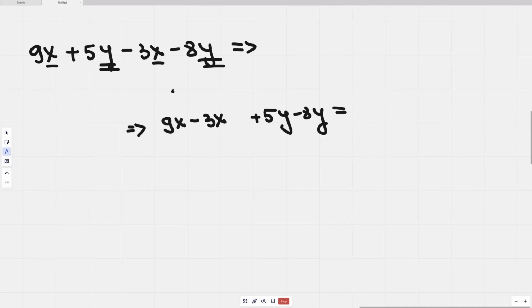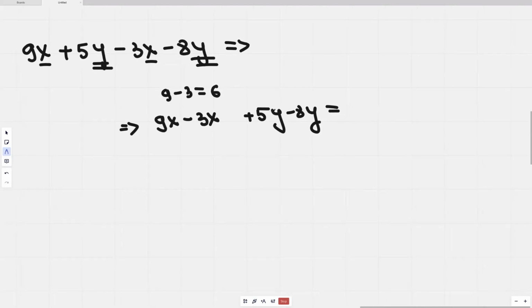So 9 from 9x, and then minus 3. We do not consider the x's here, just finding the final coefficient of x. So 9 minus 3 is equal to 6. For the second term, y's 5 itself, and minus 8 is equal to negative 3.